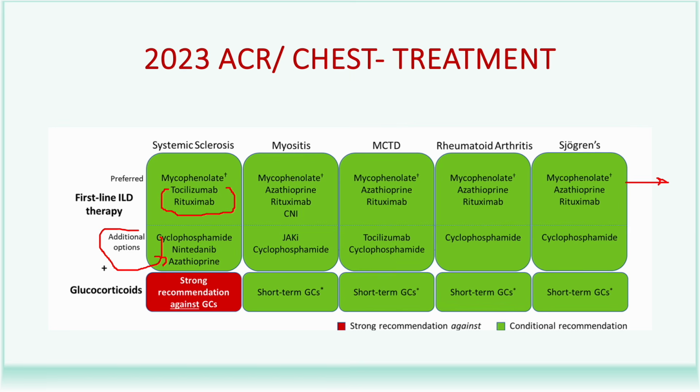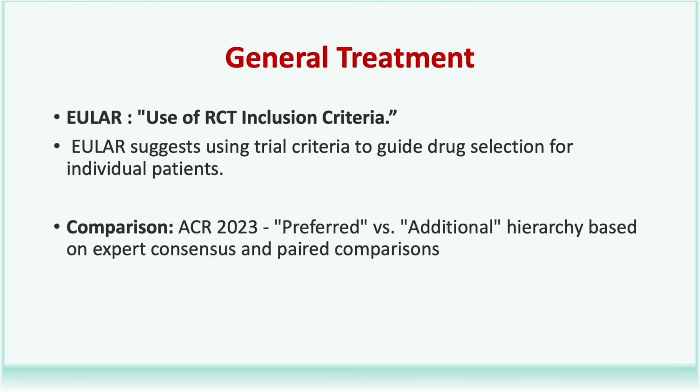What has changed now is that the general treatment strategy has moved from preferred and additional options to something which is more guided drug selection. So EULAR are looking at the RCT inclusion criteria for using a drug in a particular CTD-ILD.